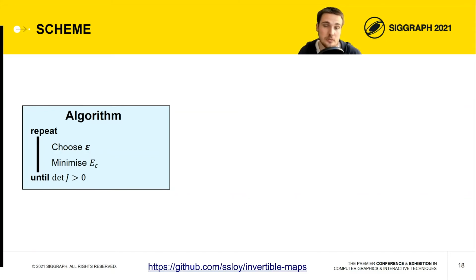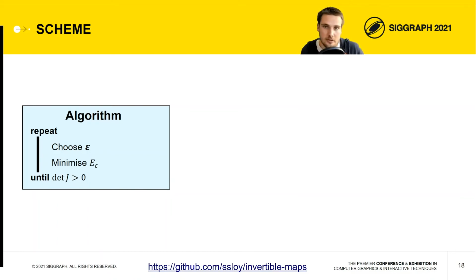And with a decreasing sequence of epsilon, we slowly minimize the energy such that at the end we obtain a valid mapping. Note that when we have a determinant superior to 0, it means that we are optimizing the energy E as it was defined previously without any epsilon. So it gives a good quality mapping.